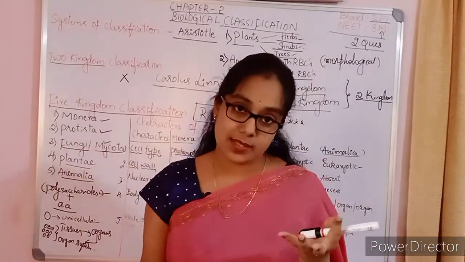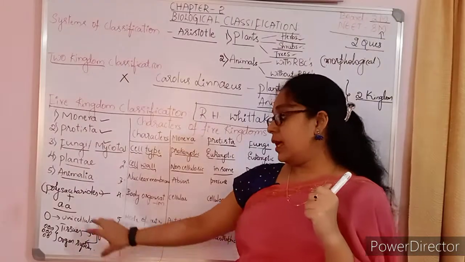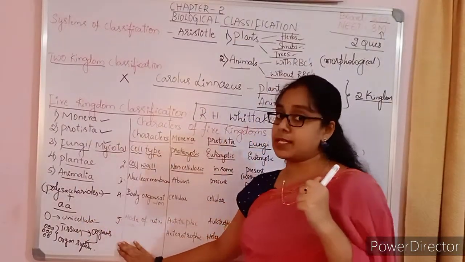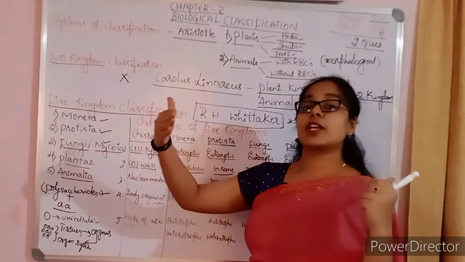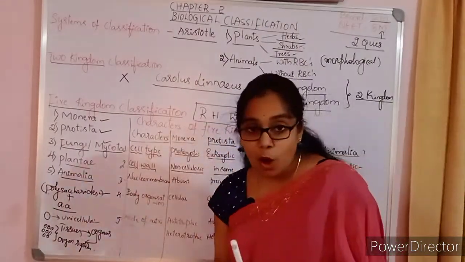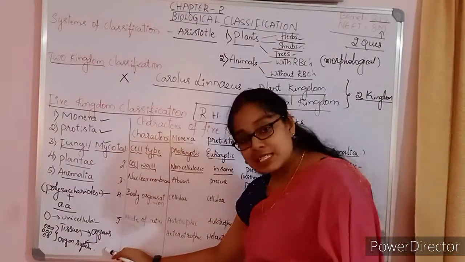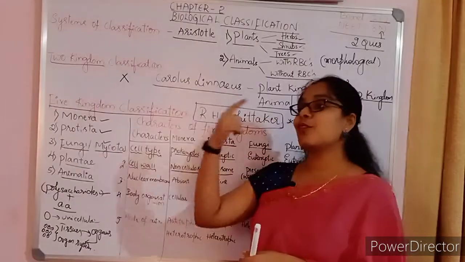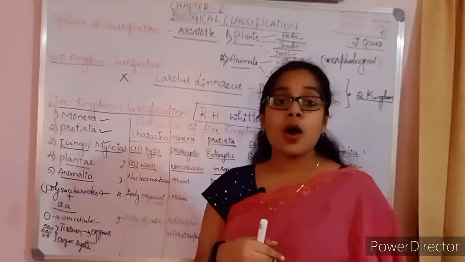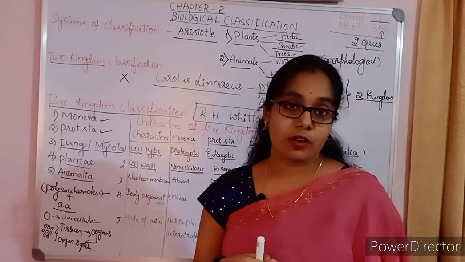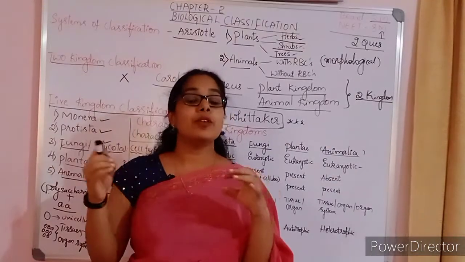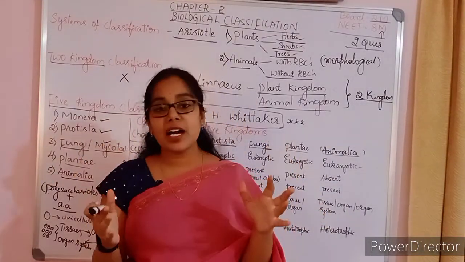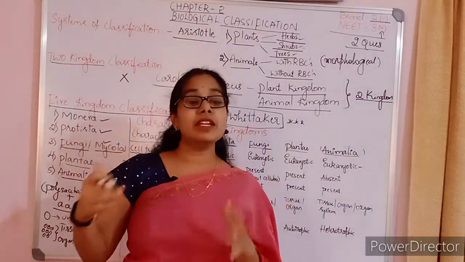If tissues form organs, it is the organ level of organization. If organs form organ systems, it is the organ system level of organization. Clear to you?